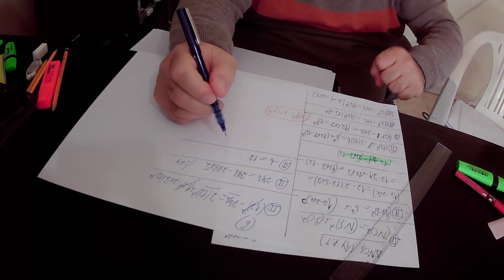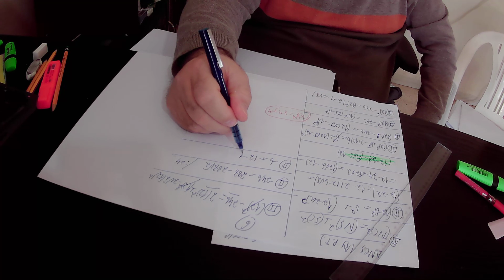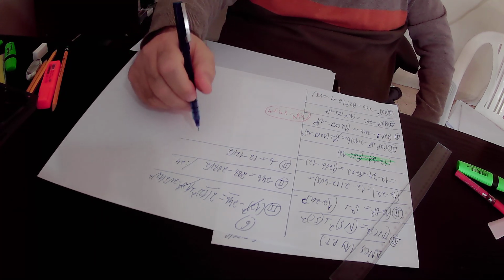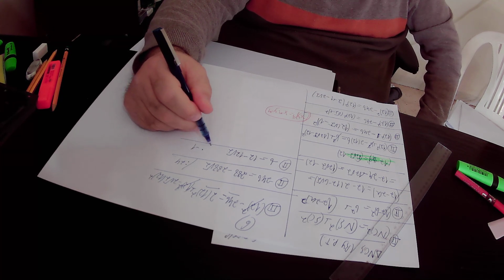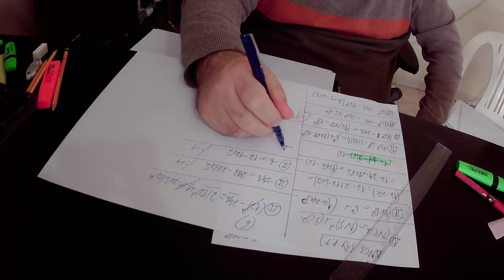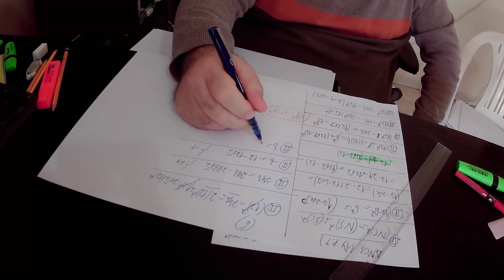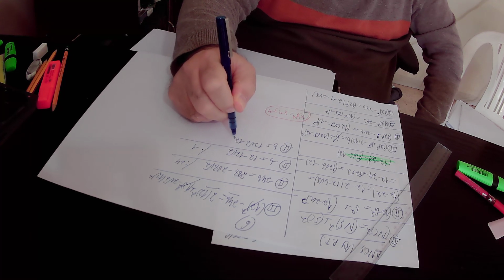And minus 288 over 24 is minus 12 times square root of 2. Here we multiply equation number 2 by minus 1, and we found out that B equals 12 times square root of 2 minus 12.